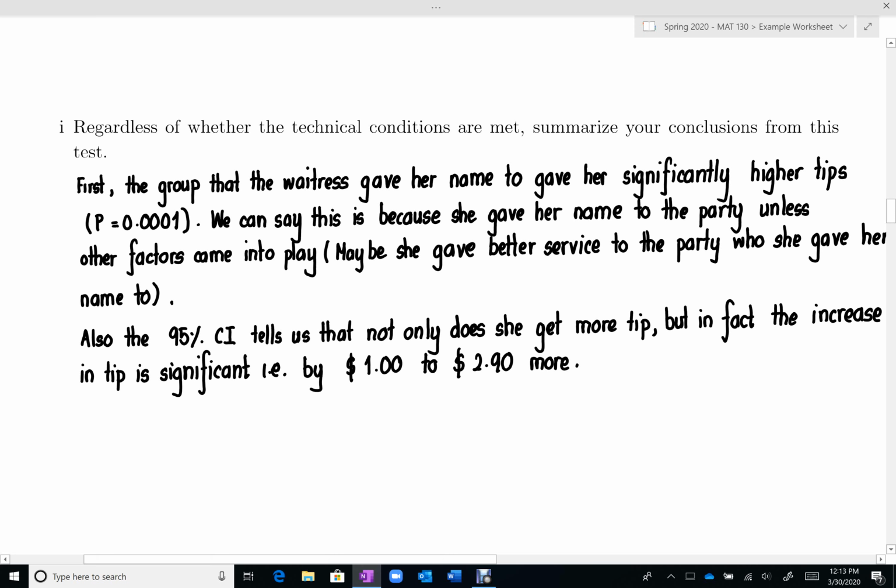So again, as we mentioned, there might be other factors that come into play. For instance, she might have given better service to the party who she gave her name to subconsciously, as opposed to the parties that she did not give her name to. But unless other factors come into play, there's strong evidence to suggest that the group that the waitress gave her name to gave her significantly higher tips.